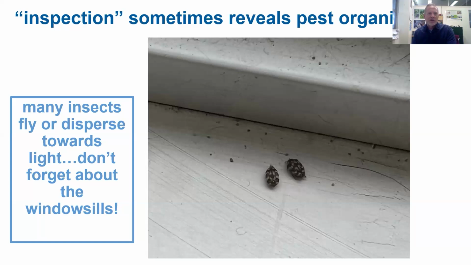A lot of insects are attracted to light or they're trying to disperse towards light, and windowsills can be a great place, like a monitor that's built into a structure, where flying insects are attracted and eventually die. They desiccate. In this case, these are adult carpet beetles, and they may have emerged from somewhere inside this home, but they've died on the windowsill. That's a really important clue for a potential infestation.